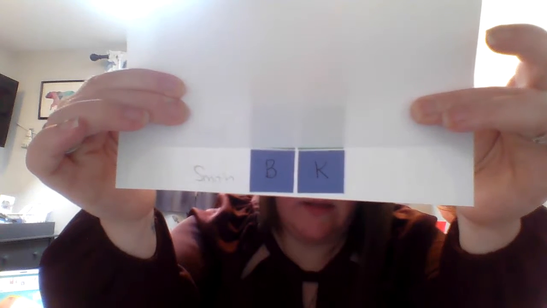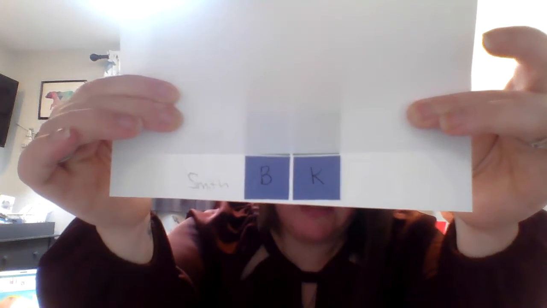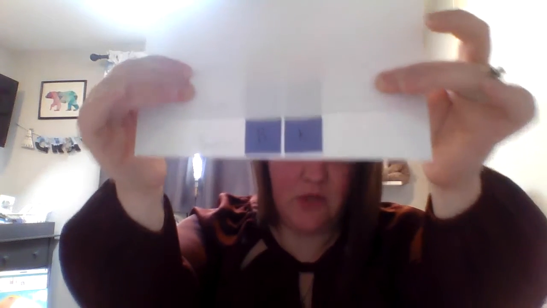So I'm going to write B and K in pen so you can see it. Okay. So the Smiths live on the first floor. So I'm going to show you my first floor. All right, there's my first floor. I have Smith, and I have a bathroom and a kitchen. I'm sorry, a bedroom and a kitchen.